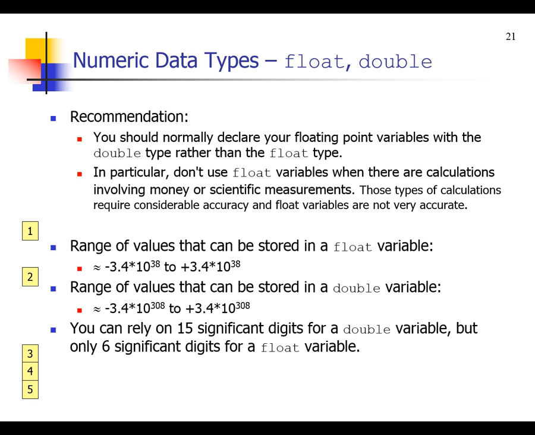A double can go up to 10 to the 308th power, and then you multiply that by 3.4, and then put the plus or minus. So it's actually 6.8 because it goes to the negative side. Any questions on that?